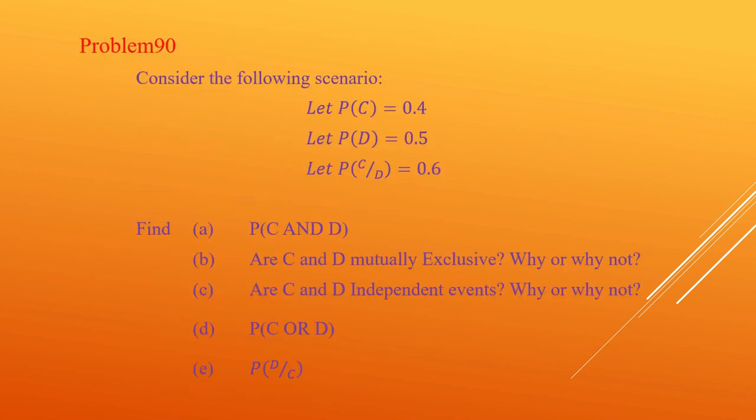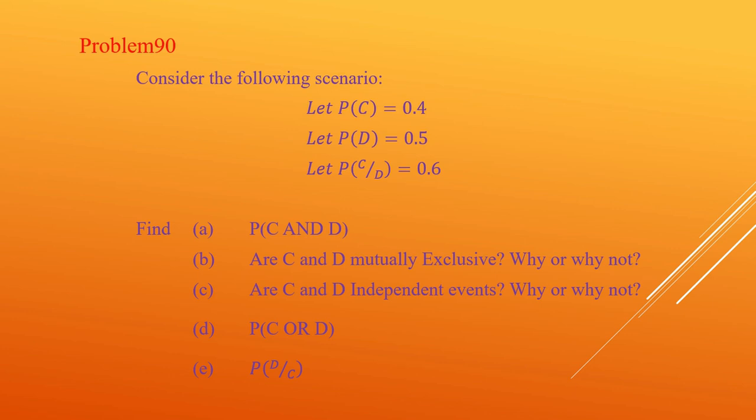Now consider problem 90. In this scenario, we have probability of C is 0.4, probability of D is 0.5, and the probability of C given D is 0.6.